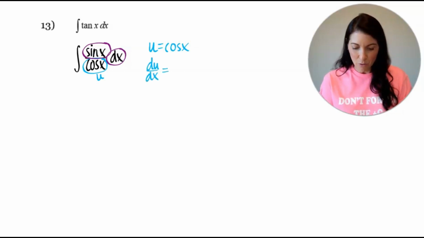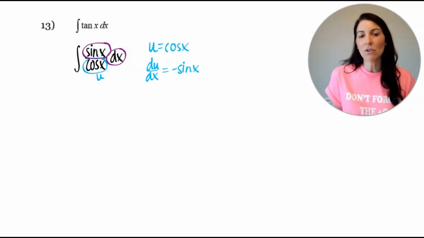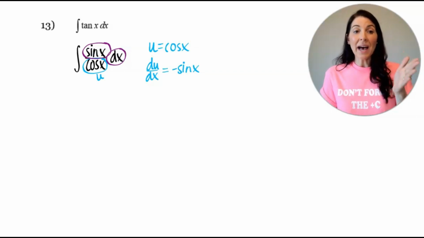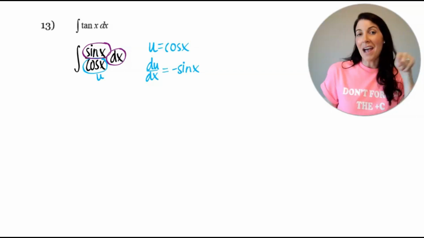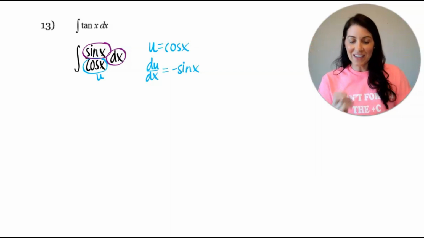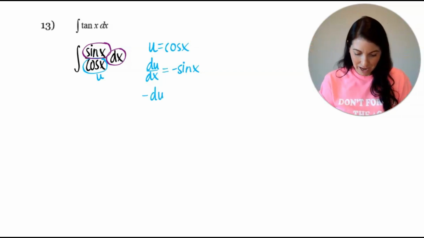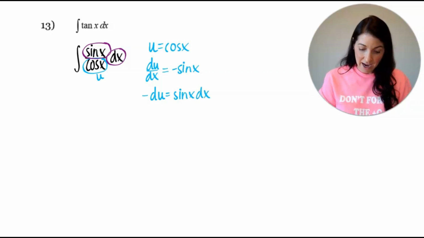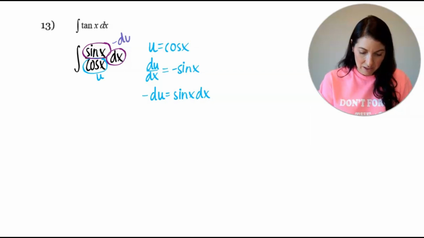So when I take the derivative of u with respect to x, I get negative sine of x as the derivative of cosine. So I can form positive sine of x dx by dividing the negative 1 over and multiplying the dx over. So I would have negative du equals sine of x dx. So I can replace what I circled there in purple with negative du.